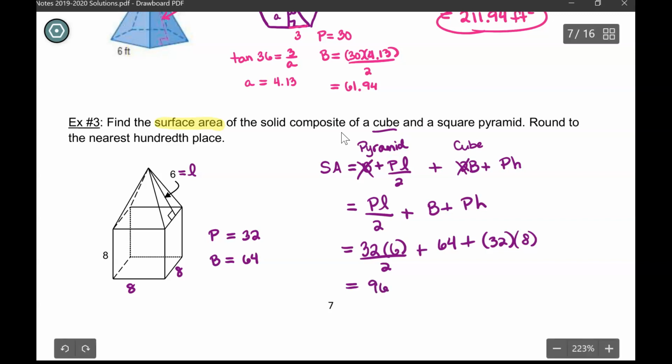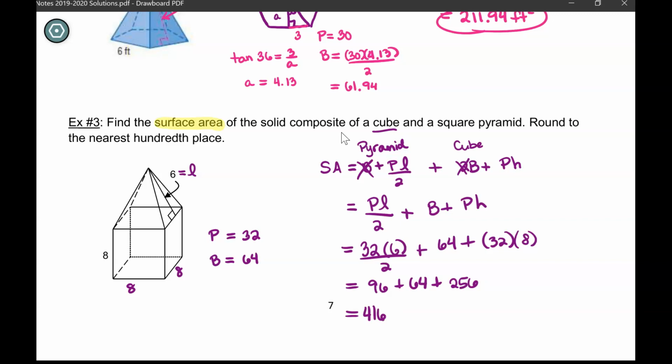So we'll get 96 plus 64 plus 256. And we get 416. And that's going to be, oh, we don't have any units, so we'll just say square units.